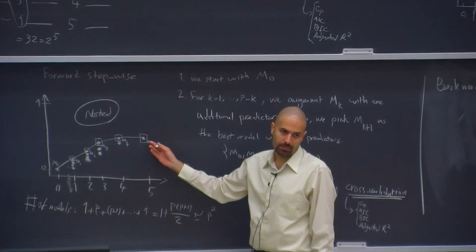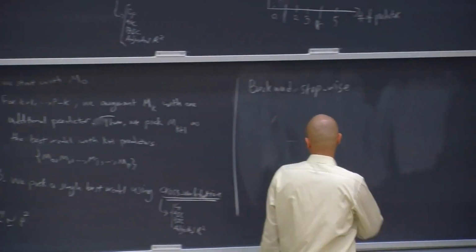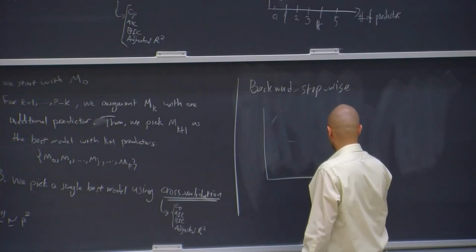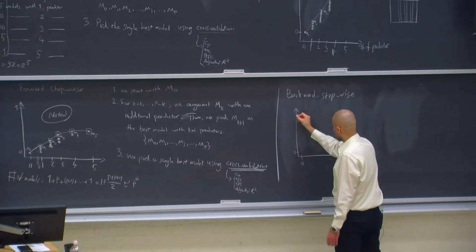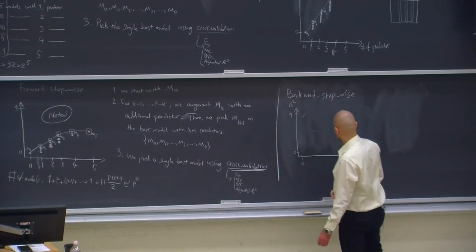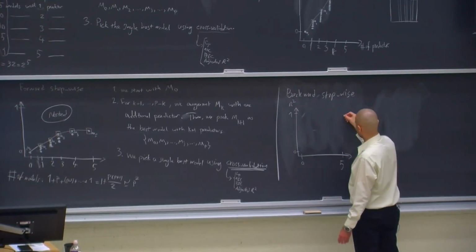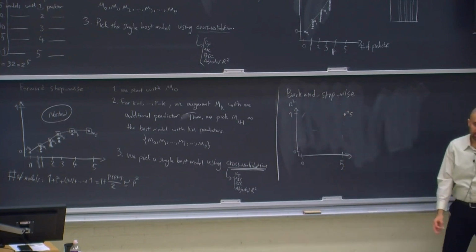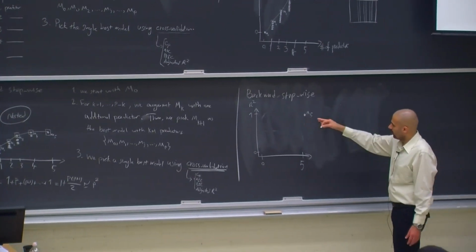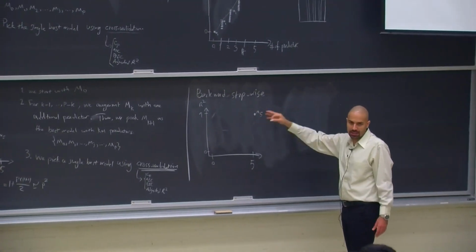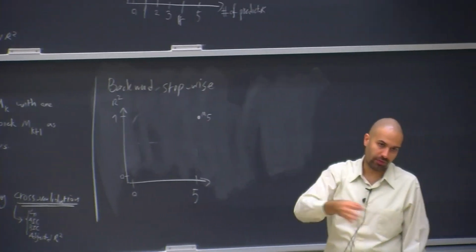So we need to start with M sub P. So we start with the model that has all the predictors, then we do some sort of local optimization, but in a backward way. So in the next step, we're going to remove one of these predictors that has the least detrimental effect on the fitness of the model.